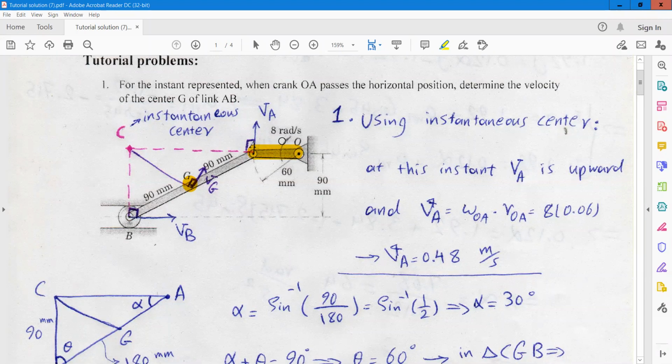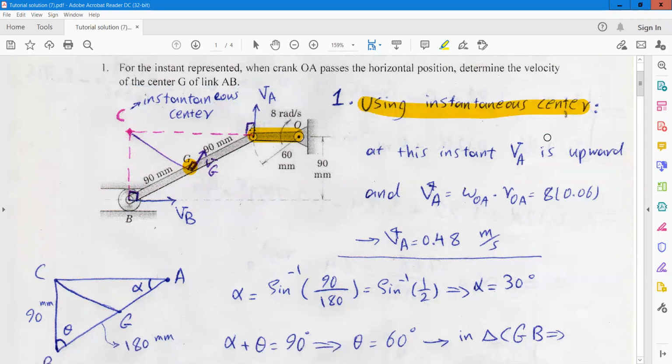To solve this problem, we can solve this with two different methods. First, using the instantaneous center of zero velocity, and second, using the relative velocity equations. So first, let's start using the instantaneous center of zero velocity. For this purpose, we need to obtain the direction of the velocity for two points.